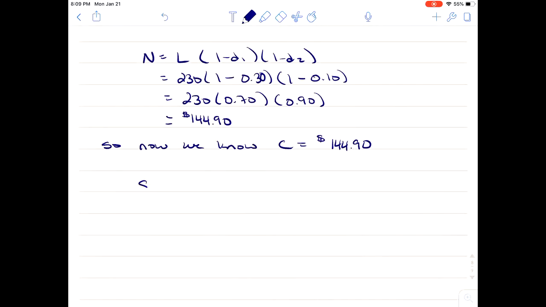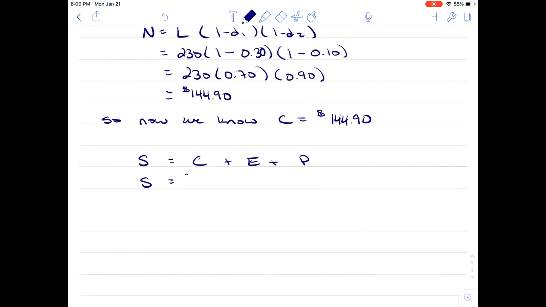So now we can start at that formula where we started off and say that S is C plus E plus P. We're trying to solve for S. Now we know that C is 144.90. I only plug it in because I don't have any more C's in there.